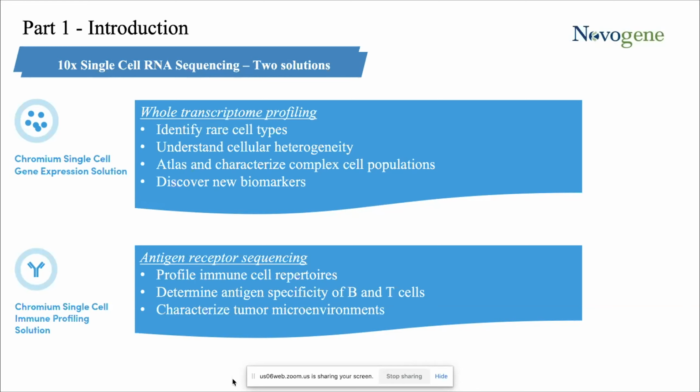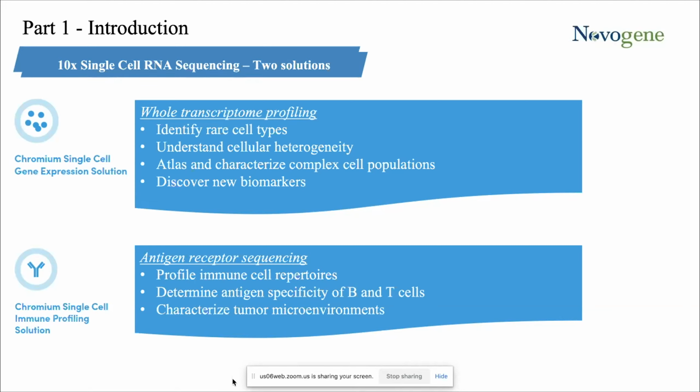It's worth pointing out that 10x single-cell RNA sequencing only sequences a portion of each transcript, in contrast to traditional RNA sequencing that captures the full length of the transcripts. This pipeline is useful to identify rare cell types, to understand cellular heterogeneity, to atlas and characterize complex cell populations, and to discover new biomarkers.